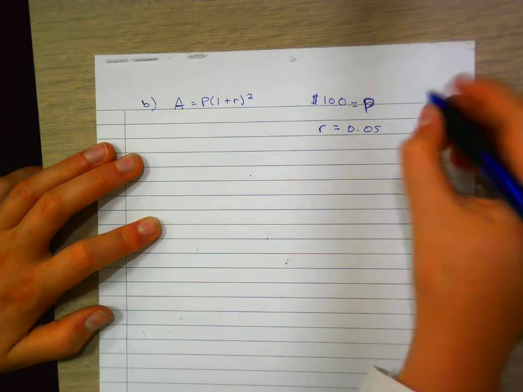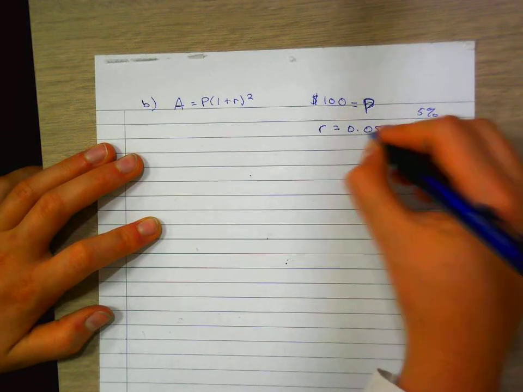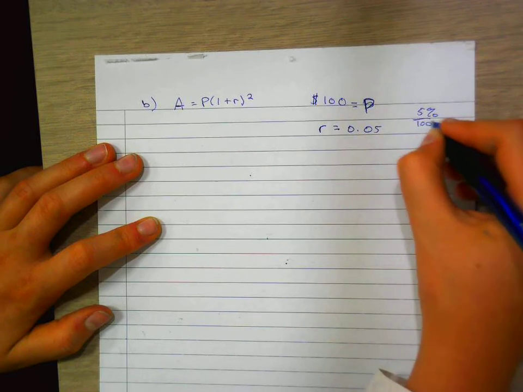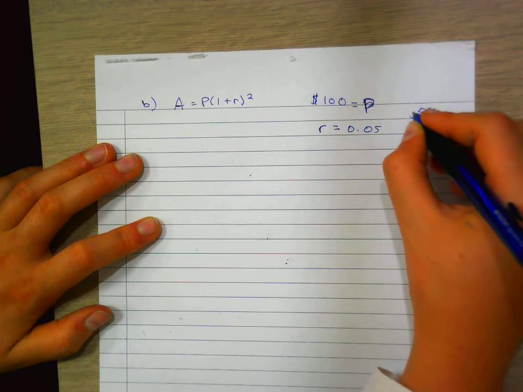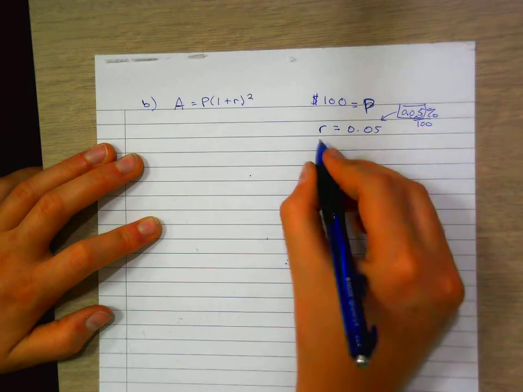We know this because it is 5%. To convert percent to decimal, you divide it by 100. Move the decimal place over twice. It is 0.05. And that's how we get R.